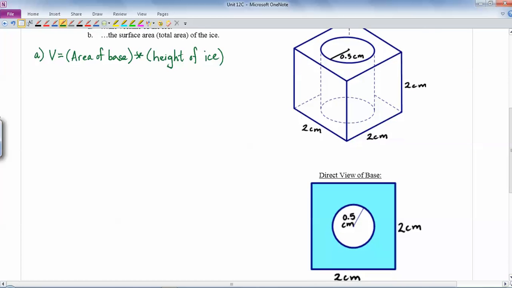Okay, so the area of the base, well, here's the base down here. The area of the base is the blue part. So it's the square, this whole square, minus the circle. All right, so area of base is going to be area of the square minus area of the circle, which is going to be, let's see, the square is 2 times 2.